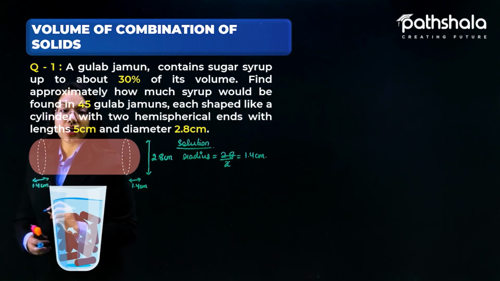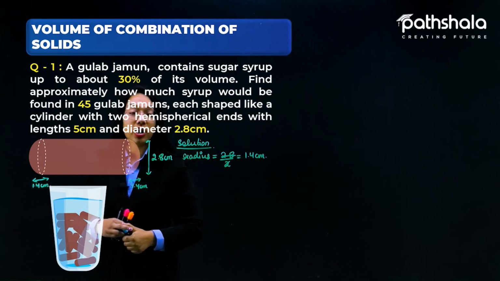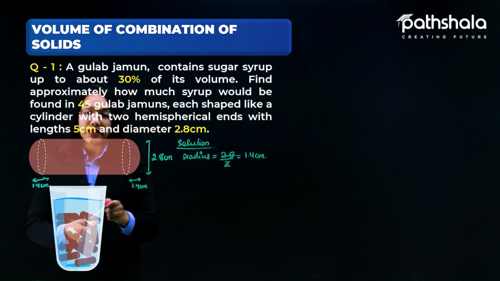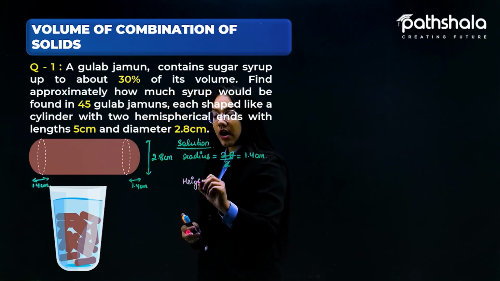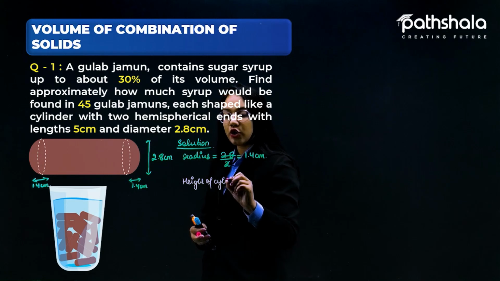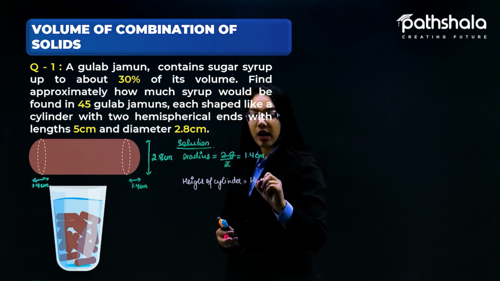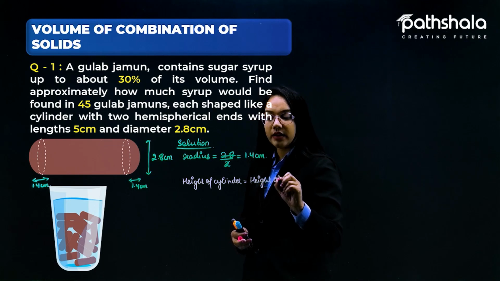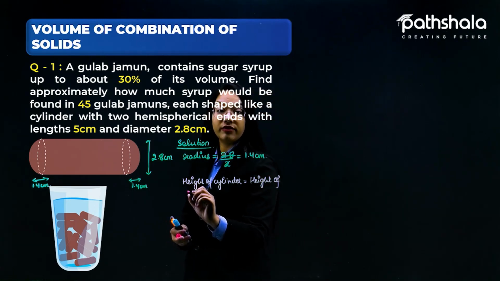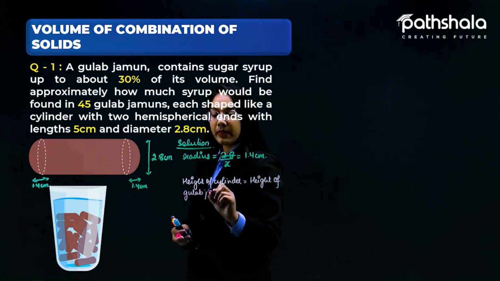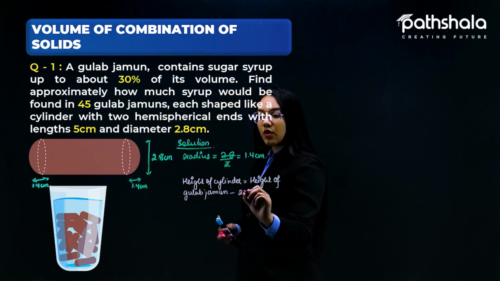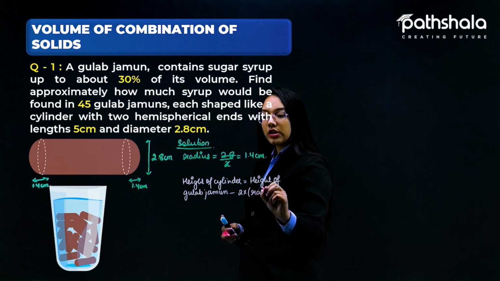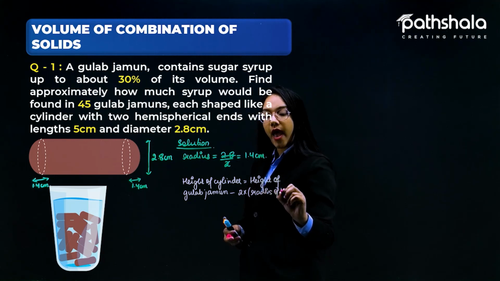Now using this concept we can find the height of the cylinder in a very easy manner. The height of the cylinder is equal to the total height of the gulab jamun minus twice the radius of the hemisphere.